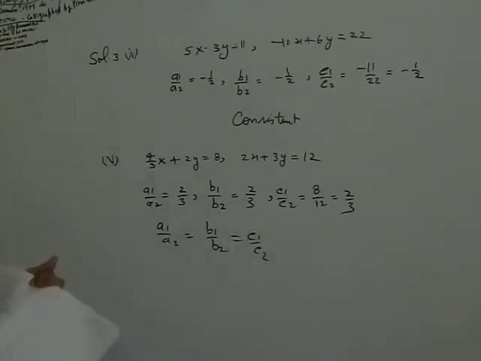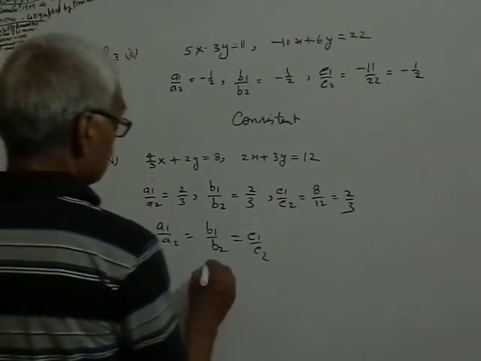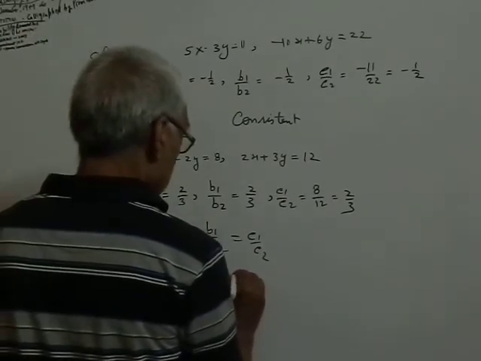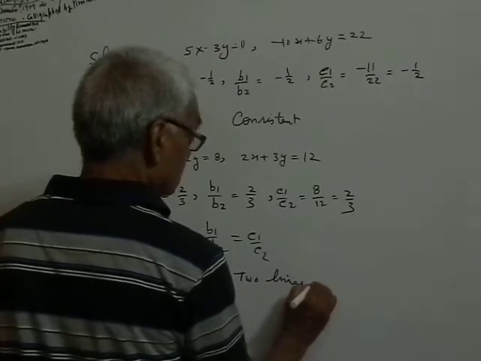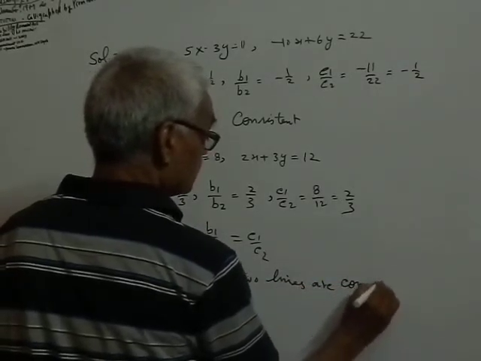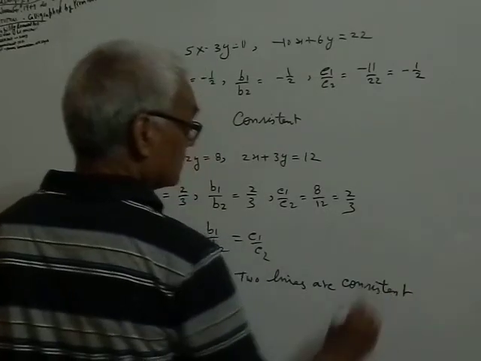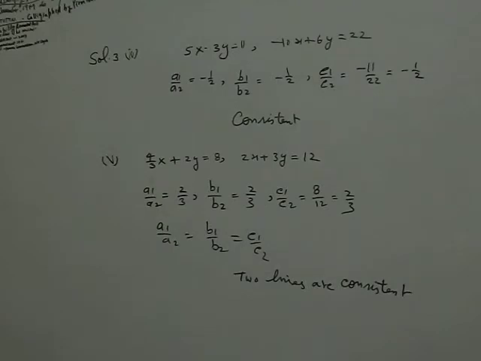So these two lines are consistent. Both lines overlap each other and you get the infinite solution, not a unique solution.